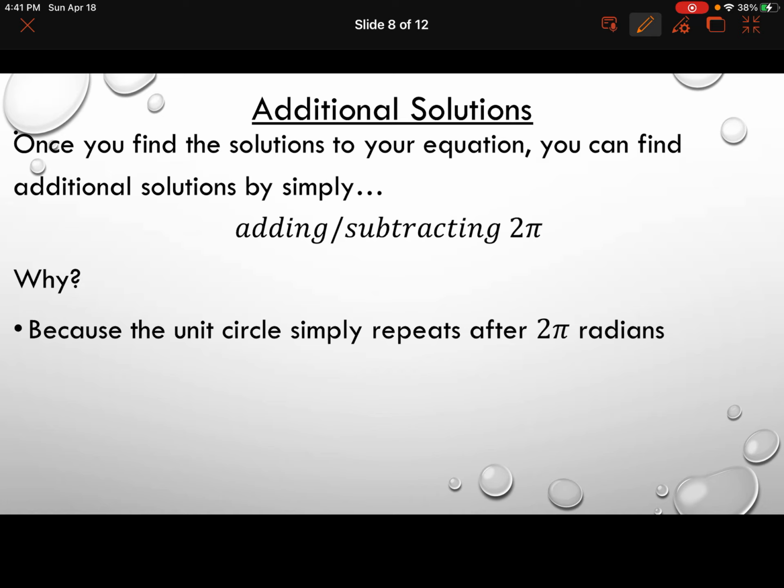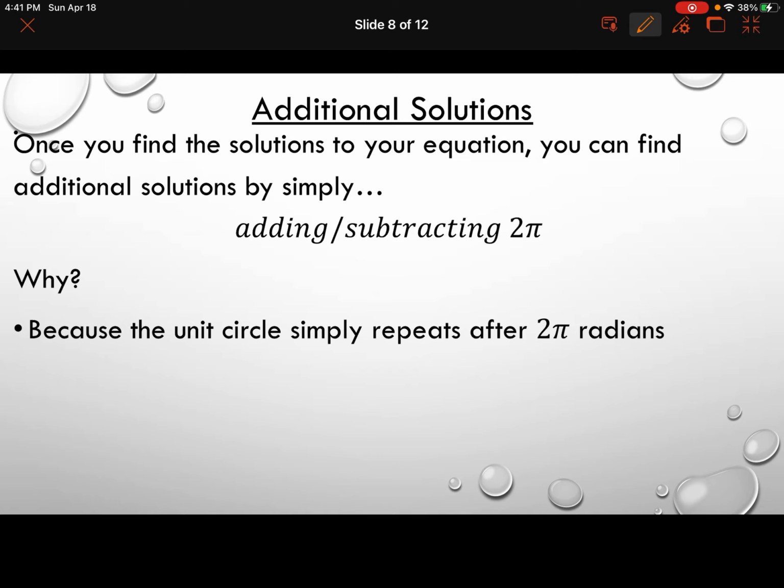If you recall, 2 pi radians is the full distance around the circle. Once you travel 2 pi radians, you have traveled a full circle around, so you end up in the exact same place that you started. So whenever you want to find additional solutions, you can add or subtract 2 pi.